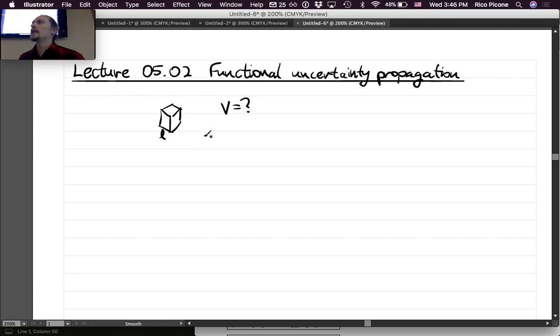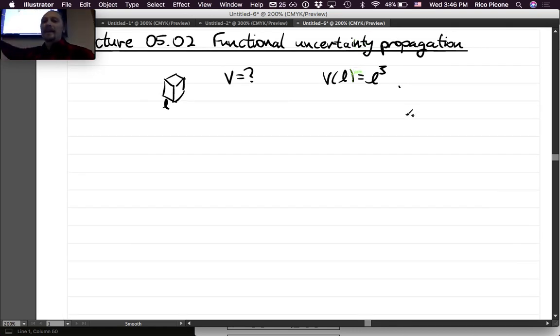You can measure a side of the cube, L, and then compute V as a function of L equals L cubed. Good old-fashioned geometry. So this is your functional dependence. You aren't measuring the volume directly. You're measuring the length of a side, and then computing the volume from that.